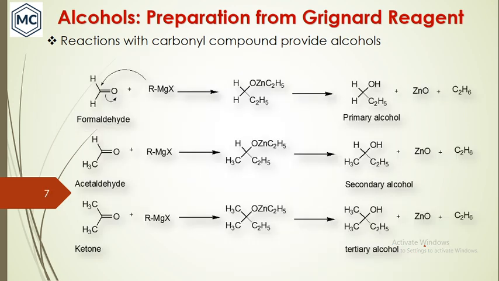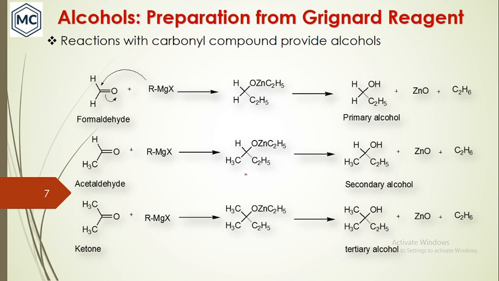For example, formaldehyde with Grignard, you can see that this is the primary. If it is acetaldehyde, you get a secondary alcohol here. This reaction is similar, and this is the mechanism, and you get an adduct here, and this is primary.